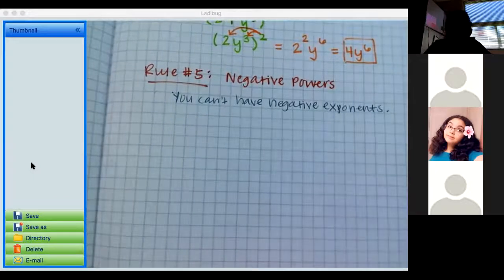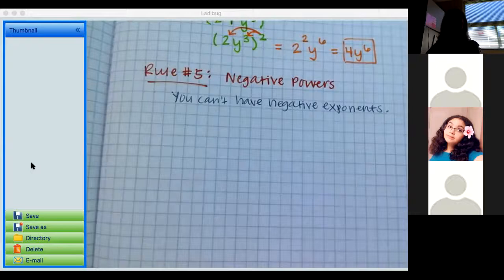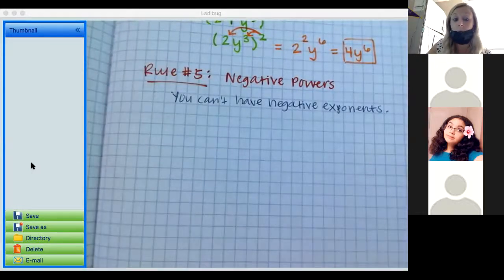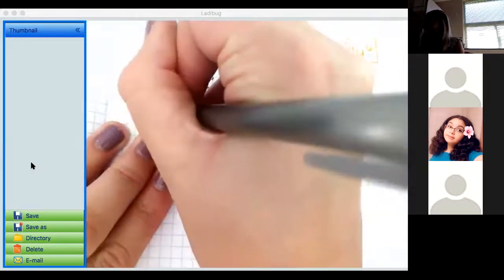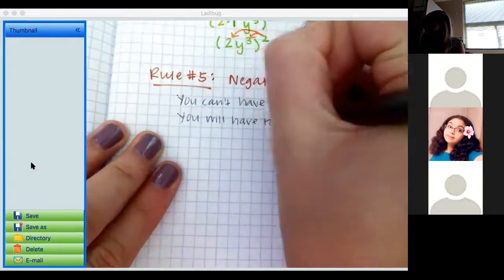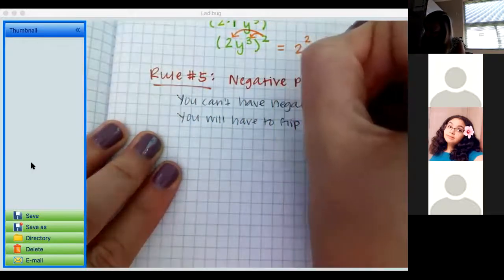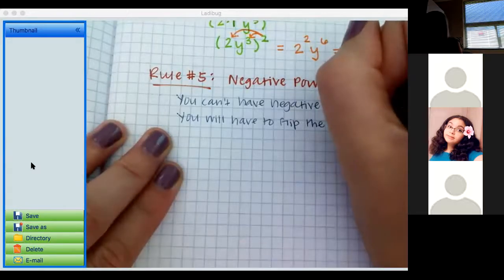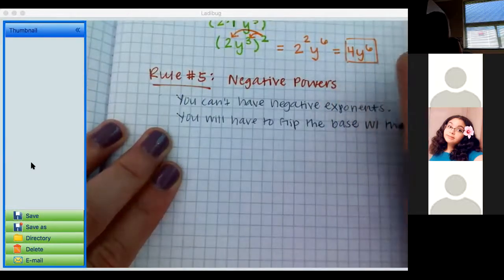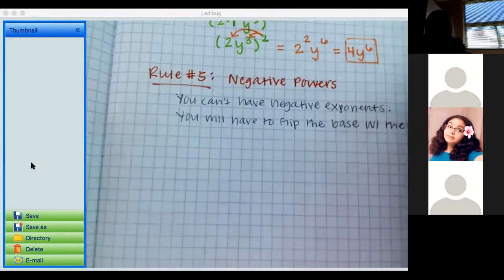Okay, you learned this. What you do if it's negative? If you have a negative exponent, it can't be there because we don't know what that means. So you're going to have to flip it to make it positive. This is the part that's different.